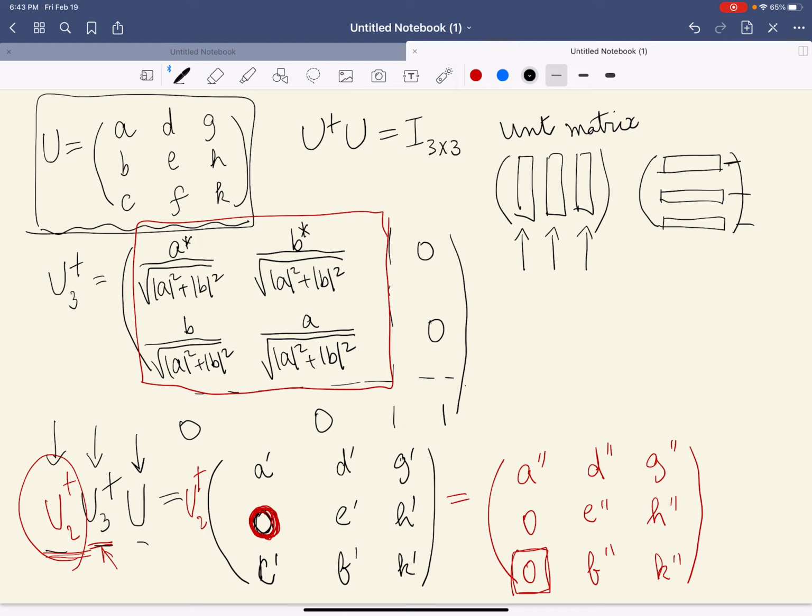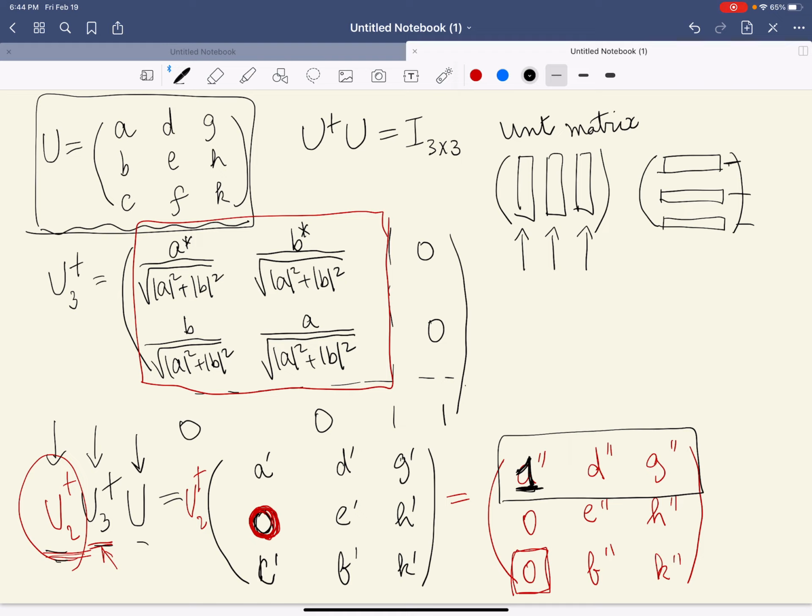Now, what that means, in fact, you can prove that with a suitable choice of U2 dagger, the first element in the first row or the first column becomes 1. Okay, but then this first row has to be a unit vector because that's just a general property of a unitary matrix.